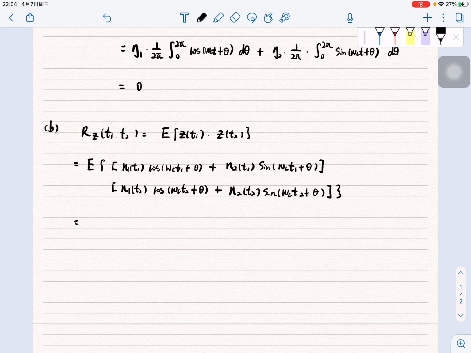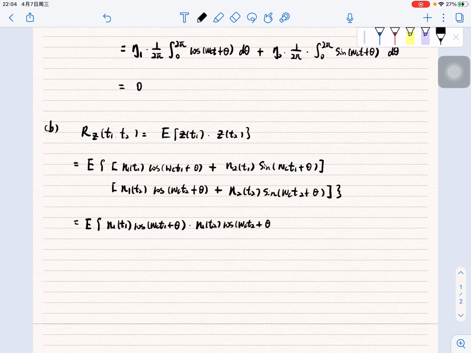Here we can calculate these terms together, and the expression equals the expectation of n1(t1) cosine omega c t1 plus theta, multiplied by n1(t2) cosine omega c t2 plus theta.